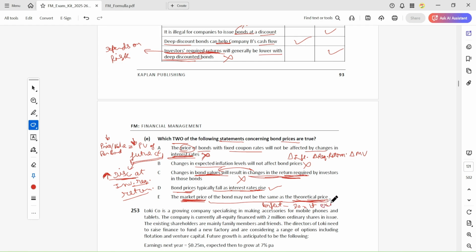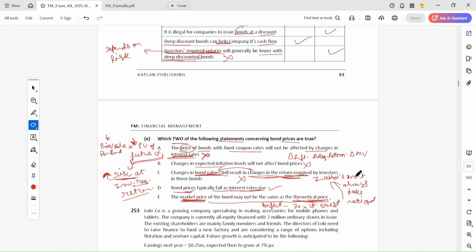But the perfect market does not exist, because investors do not always take rational decisions.